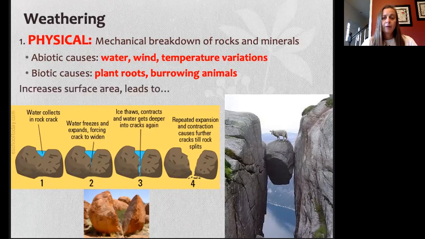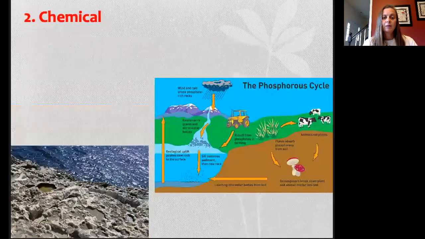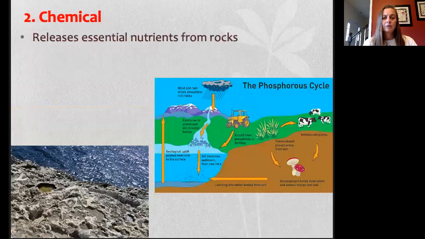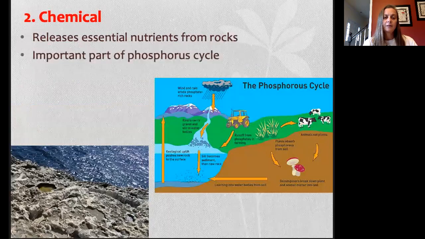So physical weathering increases the surface area of the rock, and that increased surface area of the rock can then lead to chemical weathering. And chemical weathering releases those nutrients that we talked about in our nutrient cycle, particularly phosphorus, from the rocks. And it's an incredibly important part of the phosphorus cycle.